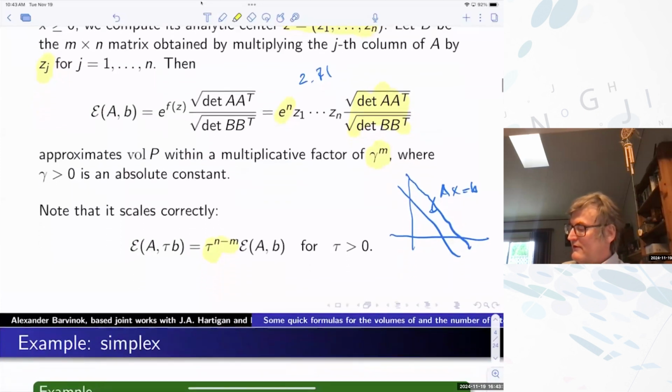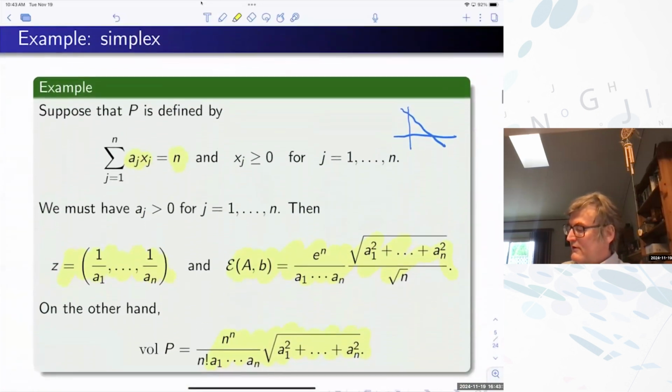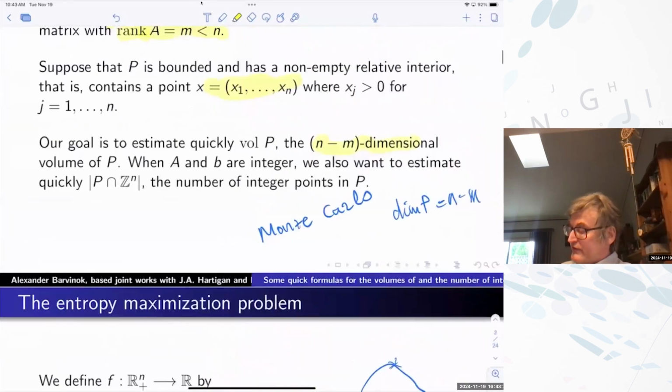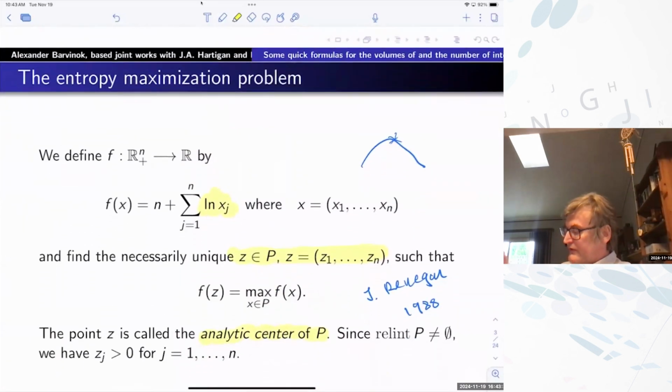Is it in general easy to compute this analytic center? Yeah, so that's the whole point, right? That's what we started with. It's a benchmark problem for the so-called interior point methods. Yes, it's very easy. Basically, what you do is steepest descent, right?